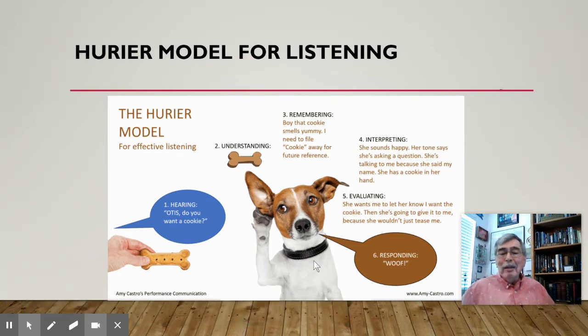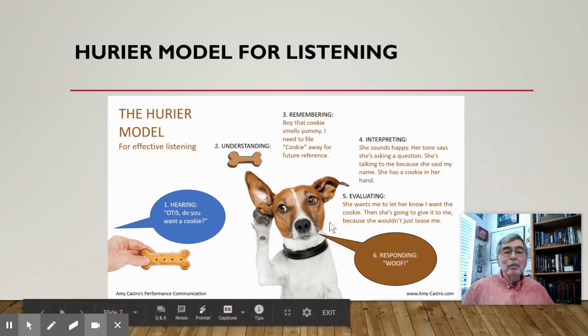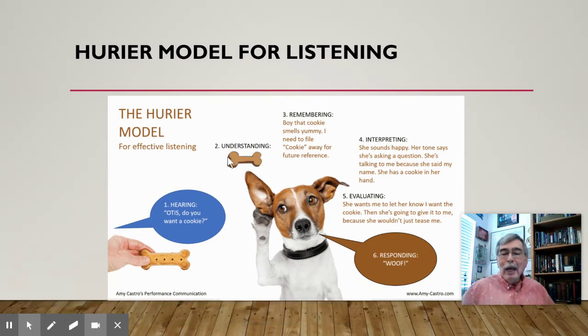But like any other creature, he does a lot of passive hearing, but now he's moving into active listening because the lady, his owner, says, Otis, do you want a cookie? So Otis perks up and he goes from passive into active listening and understanding.